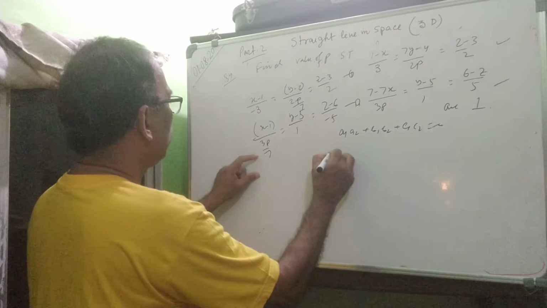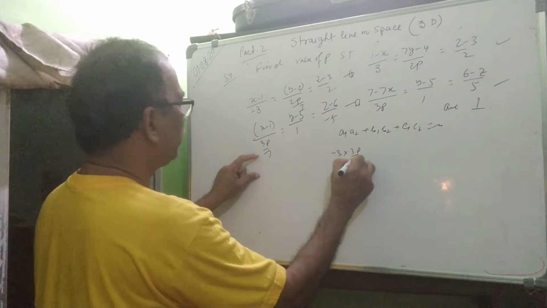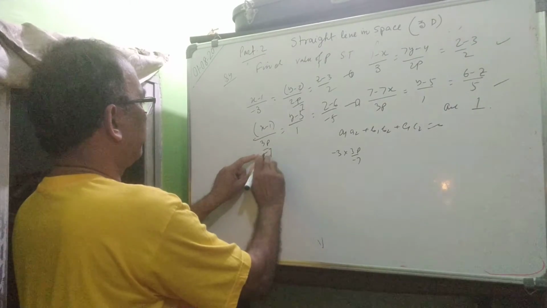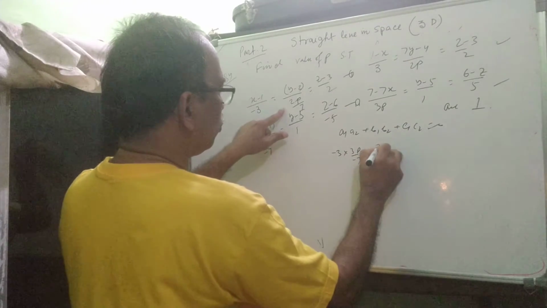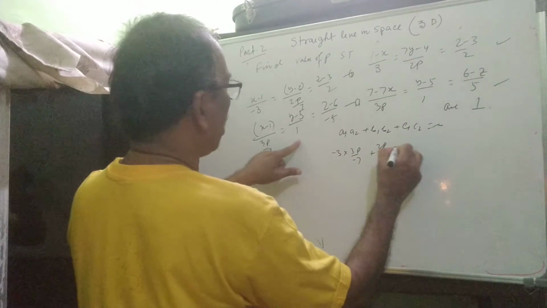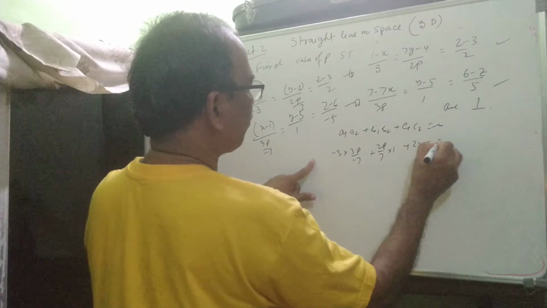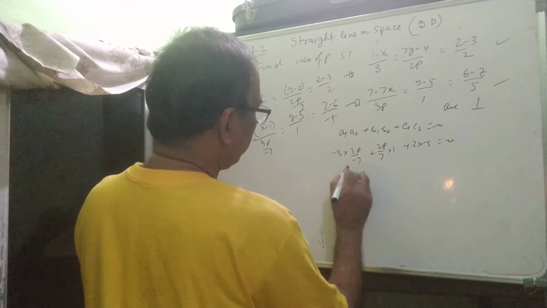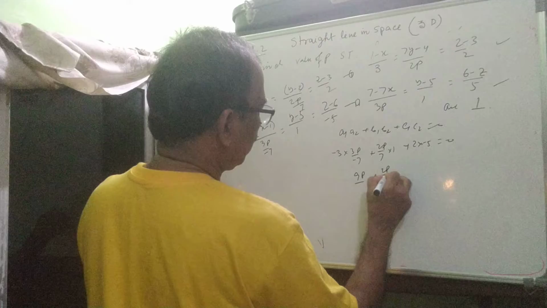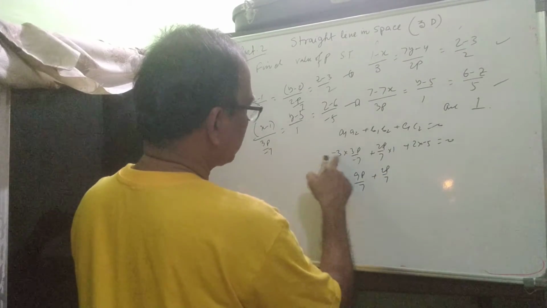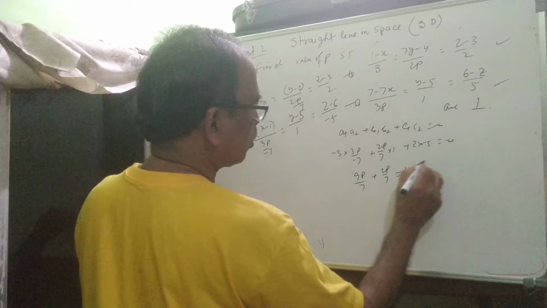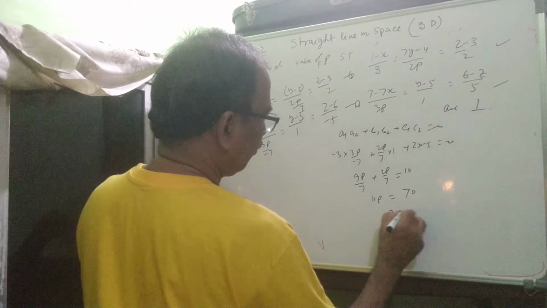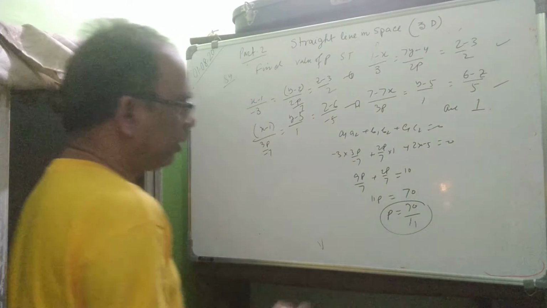So a1 a2 is minus 3 into 3p by minus 7, plus b1 b2, 2p by 7 into 1, plus 2 into minus 5, equals 0. Then 9p by 7 plus 2p by 7 minus 10 equals 0. We can write 11p equals 70, so p equals 70 by 11. That is the value of p.